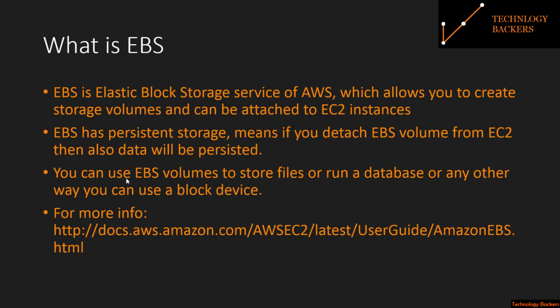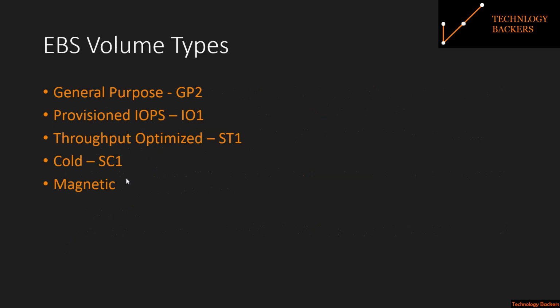EBS as persistent storage means if you detach an EBS volume from EC2, the data will still be persisted, whereas in instance store, data will be lost. You can use EBS volumes to store files or run a database, or use it any other way you can use a block device. You can refer to this link for more information on EBS.